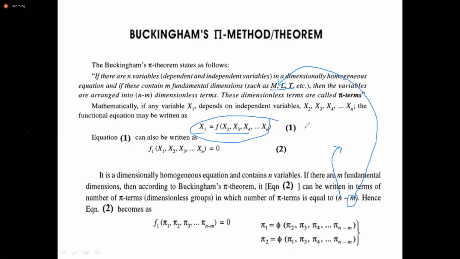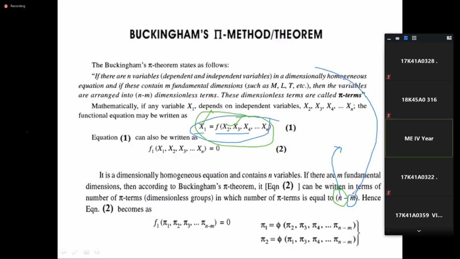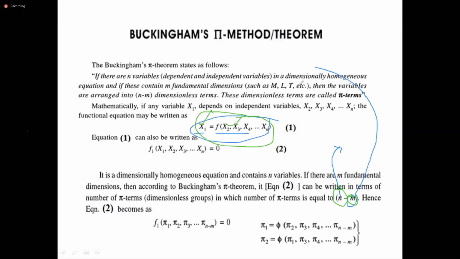Suppose the thermal conductivity is given, then that becomes 4. That means the total variables, including the right side and left side, are n, and m indicates the number of fundamental dimensions, either 3 or 4.